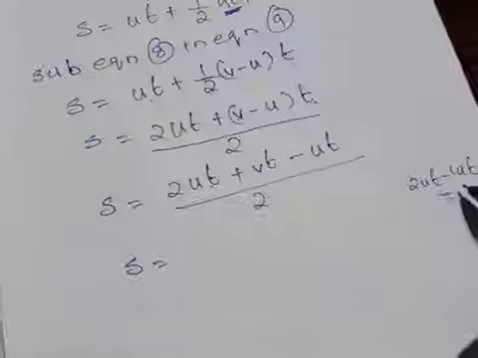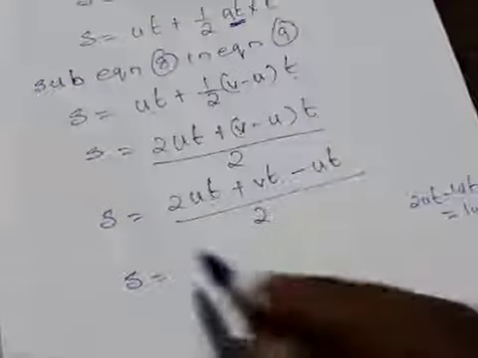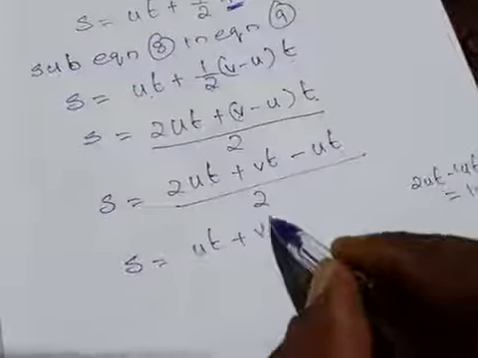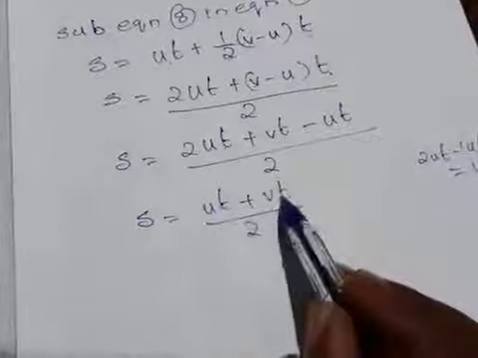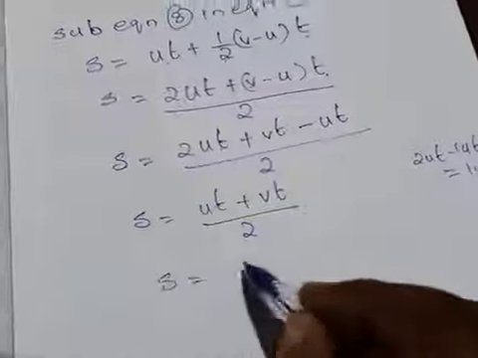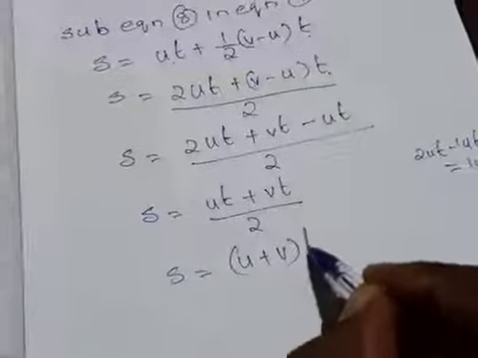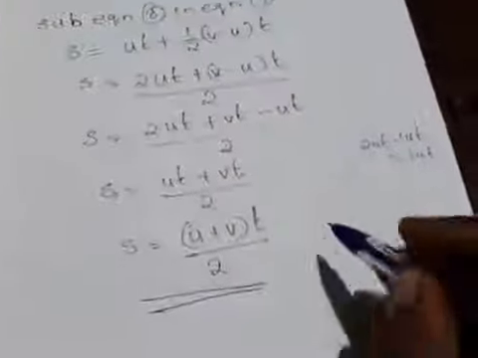Here 1 ut is there. So 2 ut minus 1 ut is 1 ut. So 1 ut will come from vt by 2. So here t is common. So take t outside. So u plus v into t by 2. This is 4th equation. So we got 4 equations.